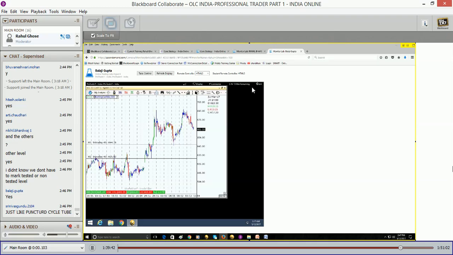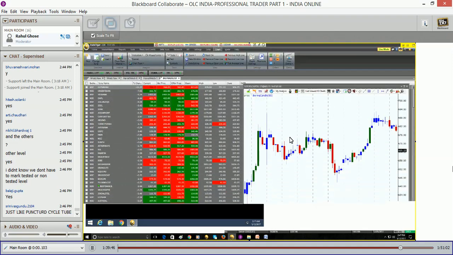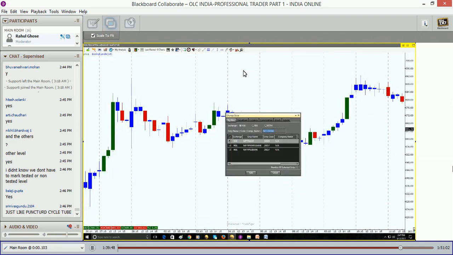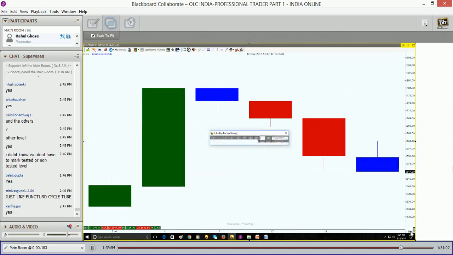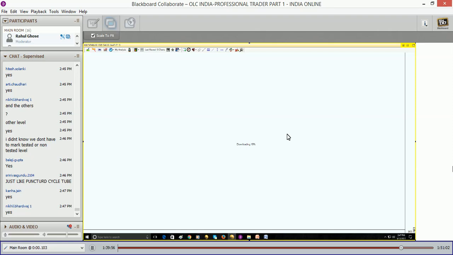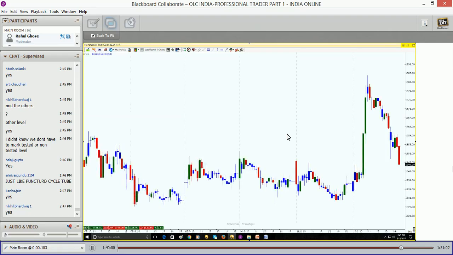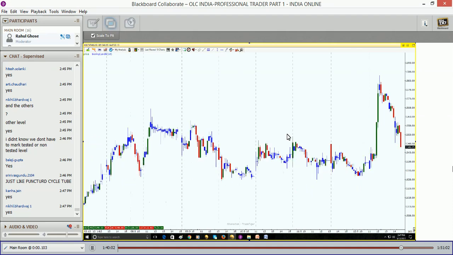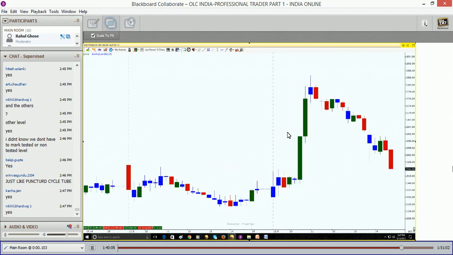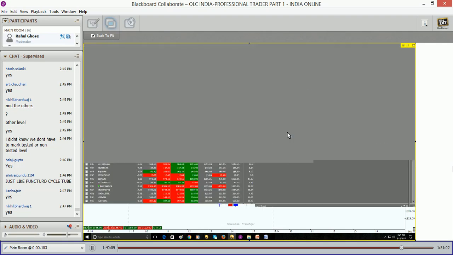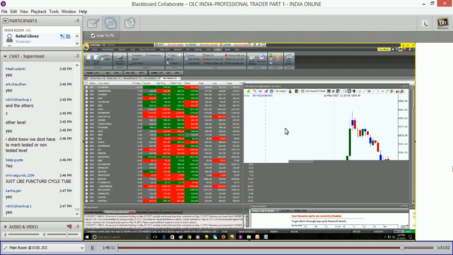Absolutely, Srinivas. Lovely example. Shall we do one last example, friends? Is everybody okay with this? One last example. I want you guys to see where you can see a level on Tata Elxsi on the 15-minute chart.